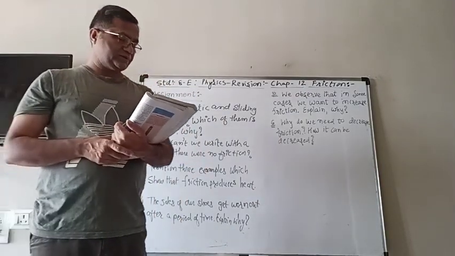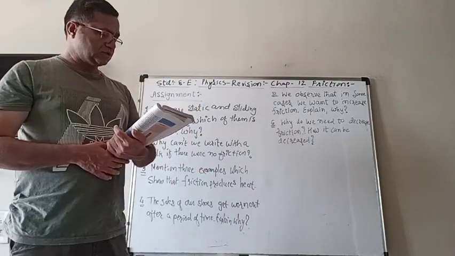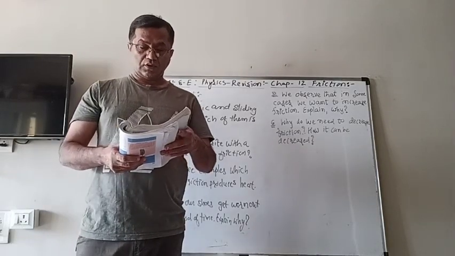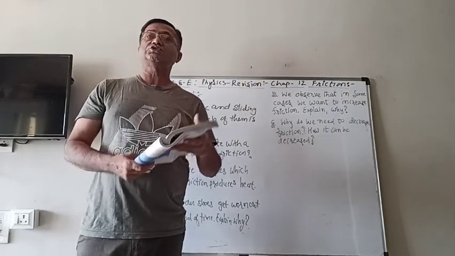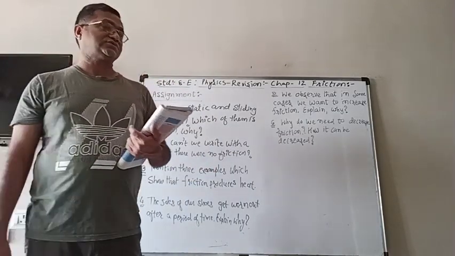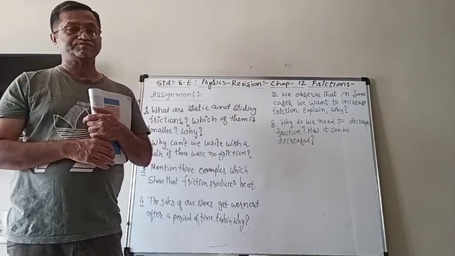We know that friction, or the force of friction, occurs due to the ups and downs or irregularities in the surface.